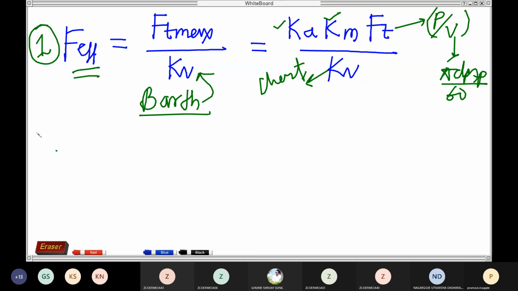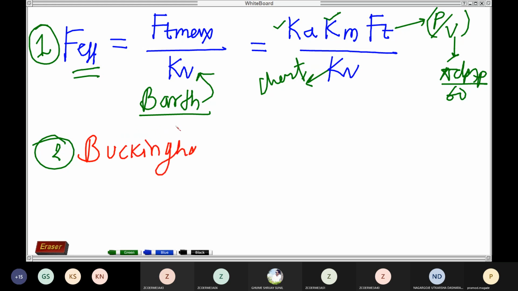Now we'll move toward the second method, which we called, write down, estimation of dynamic load by Buckingham's equation. Second method for dynamic load by Buckingham's equation. Now we have seen wear strength.